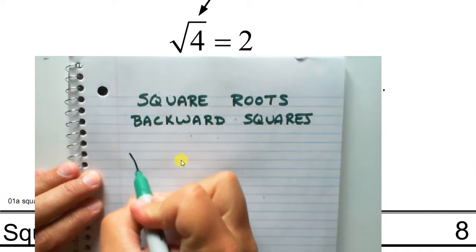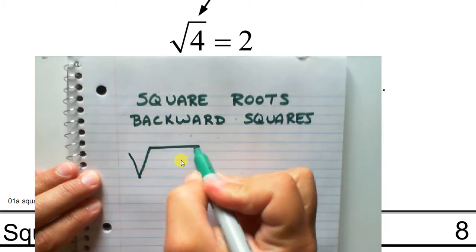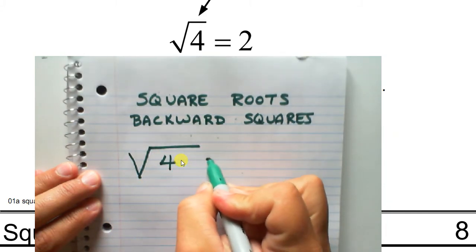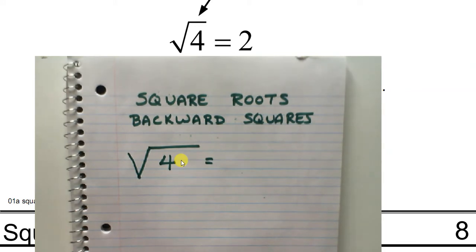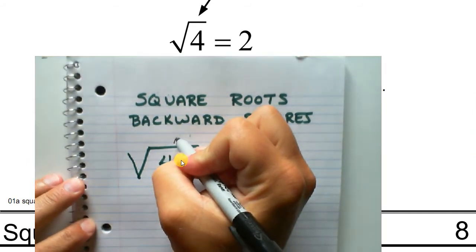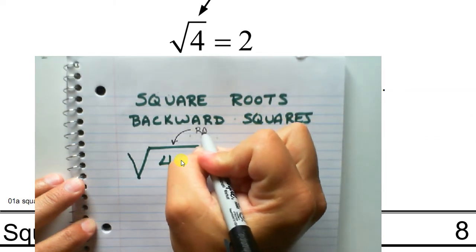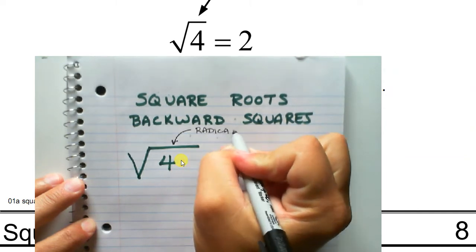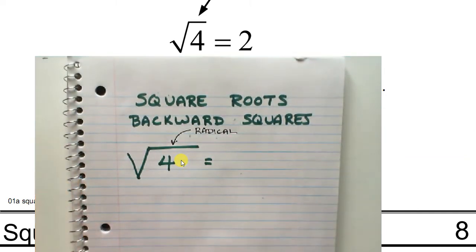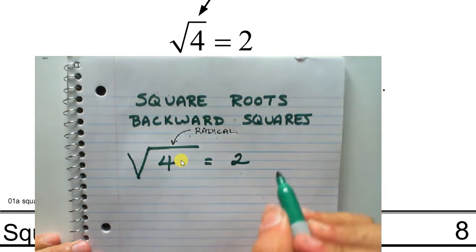So we have the square root of 4. This symbol that kind of looks like a house is called a radical, or a square root. Actually, the building itself is called a radical. So the square root of 4 is 2. And that's because 2 times 2 is 4.